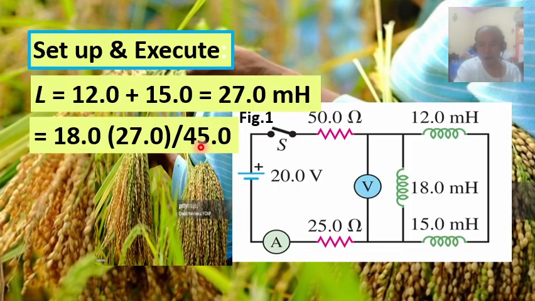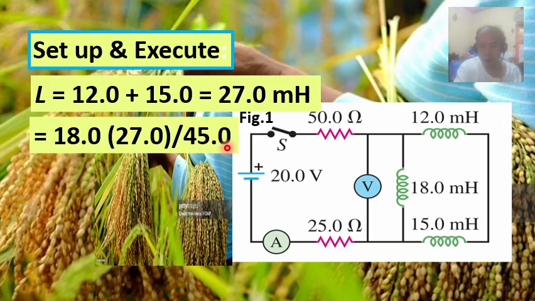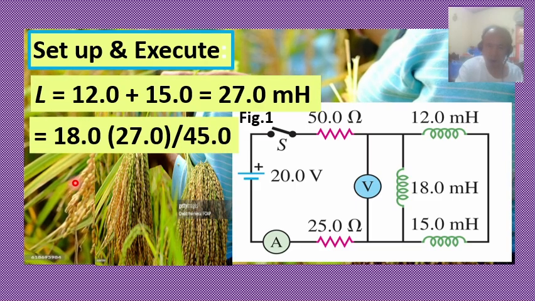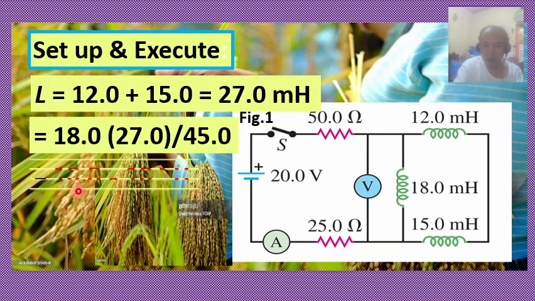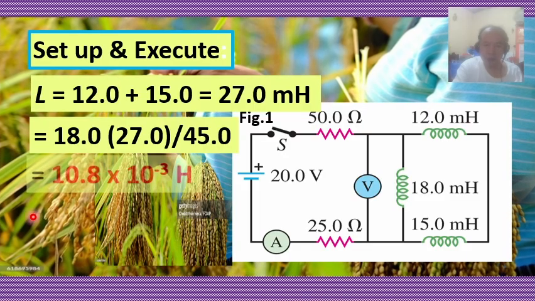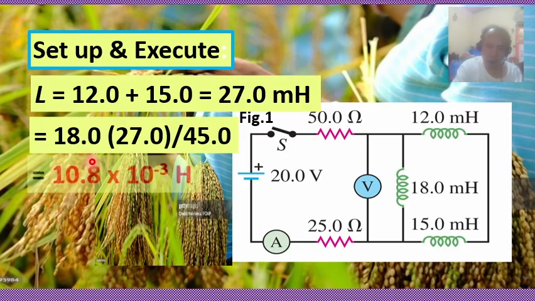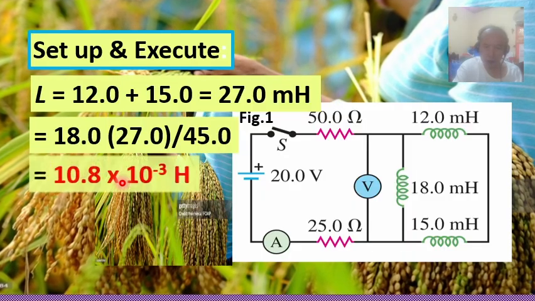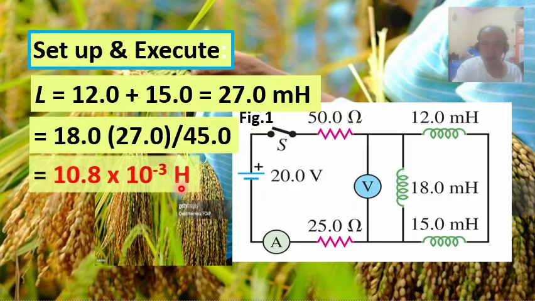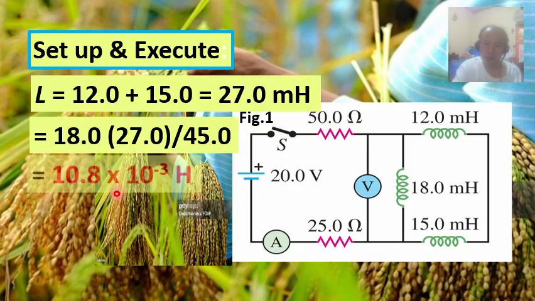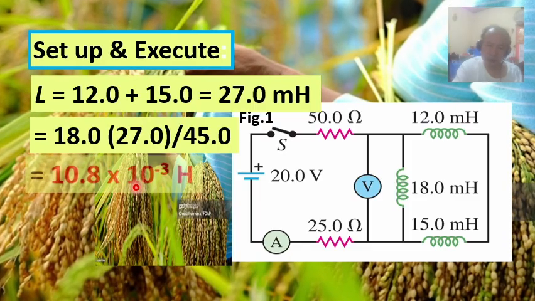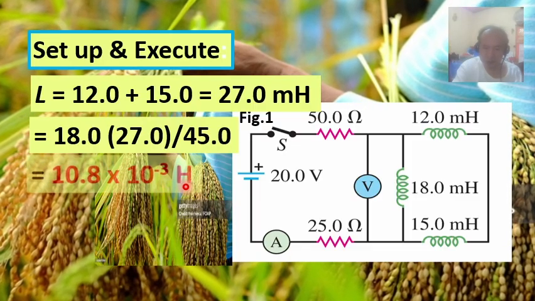Their sum, of course, is 45.0 millihenry. So when you do our math, we get the total inductance in the whole circuit equal to 10.8 millihenry, which is also the same as 10.8 times 10 raised to the negative 3 Henry.